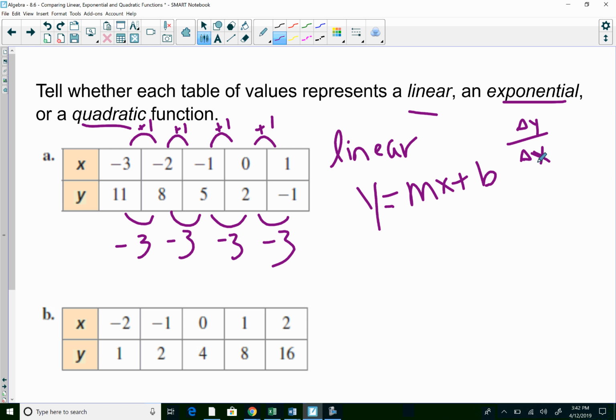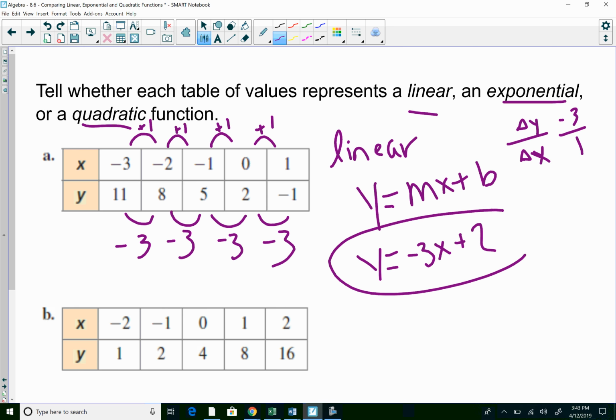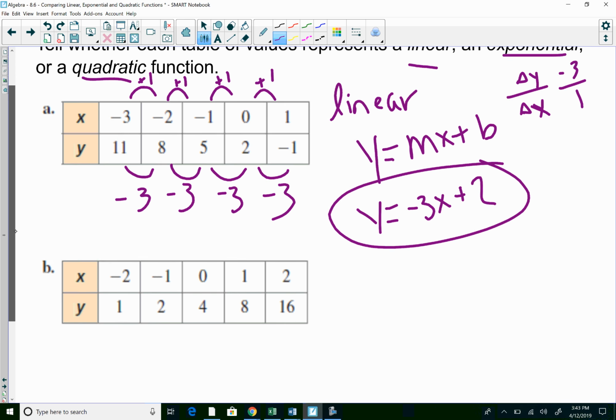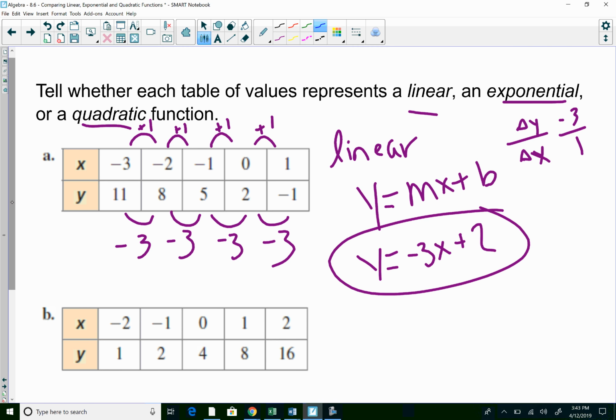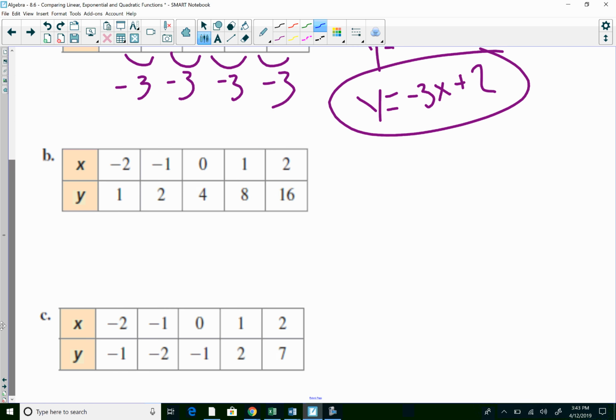So that would be negative 3 over 1. Our slope is going to be negative 3. And then our y-intercept, remember, we're trying to figure out where x is 0. That'd be negative 3x plus 2. Again, that's a big review question. So hopefully you guys are able to get that one even without my full explanation.